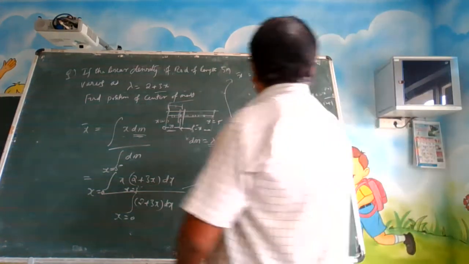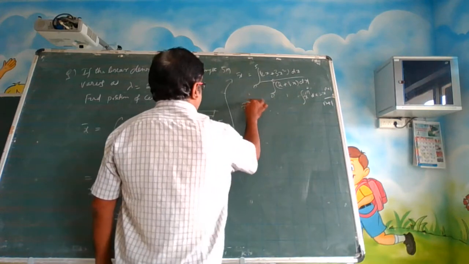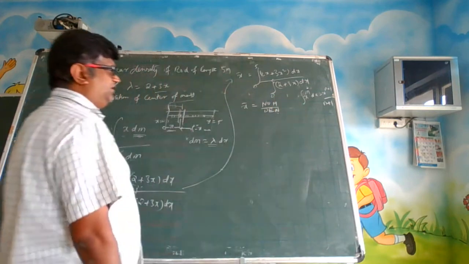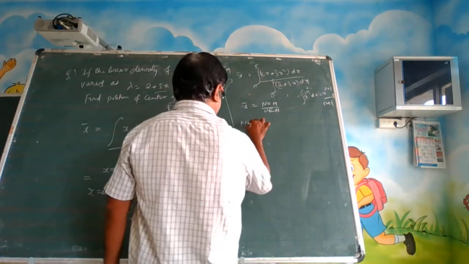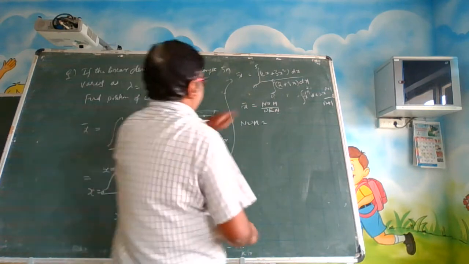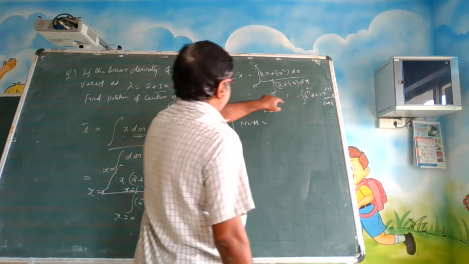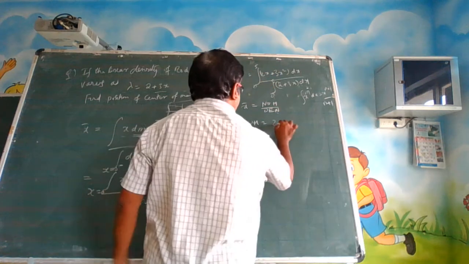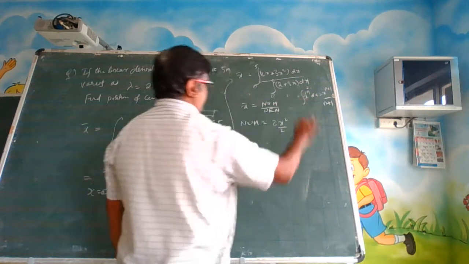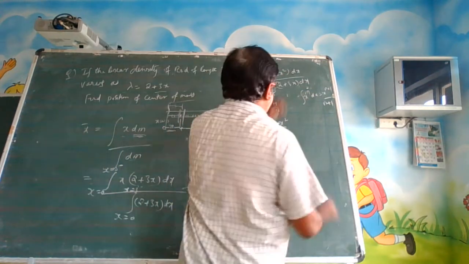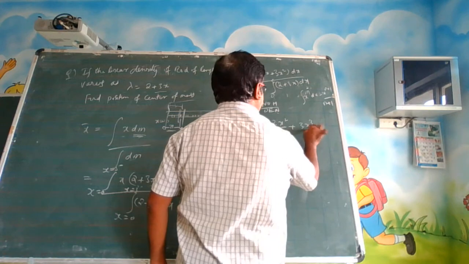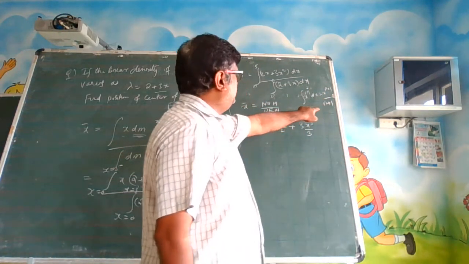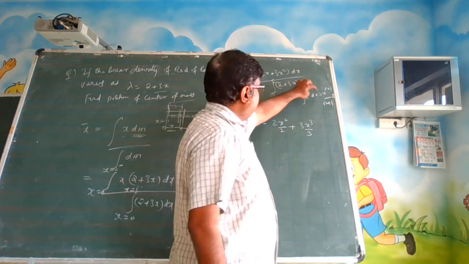Okay, so I will solve separately. x bar is equal to numerator by denominator. Let us first calculate the numerator. Start applying this formula, x power n dx. Here we have 2x, and when you integrate, x becomes x square by 2. This one becomes 3x cube by 3. That is x power n plus 1 divided by n plus 1.